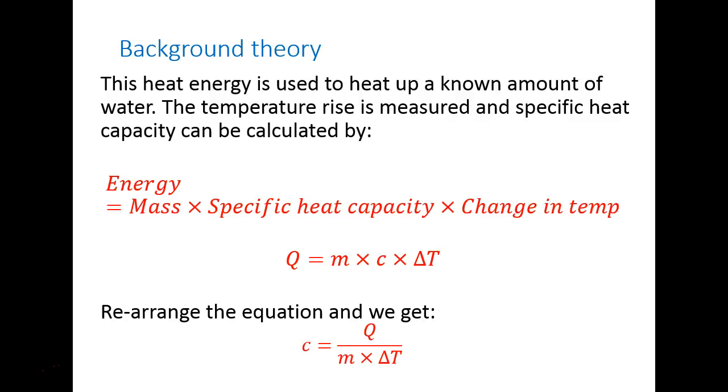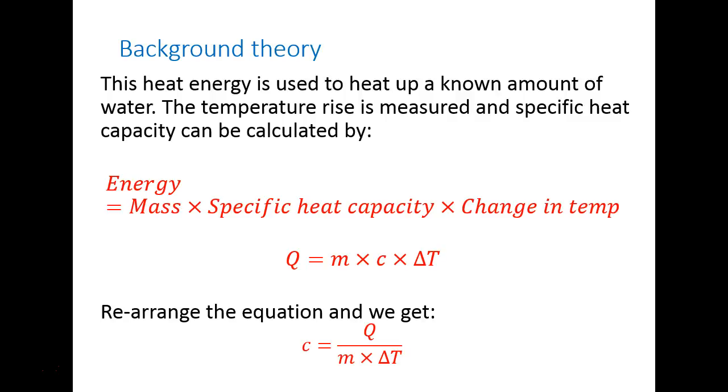And again, it's going to work the same way. So when you move M and delta T to the other side, the multiplication is going to become division. So now we have Q divided by M times delta T.